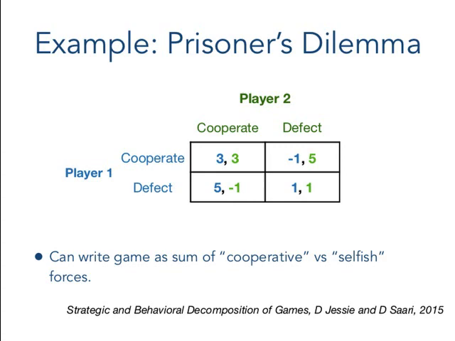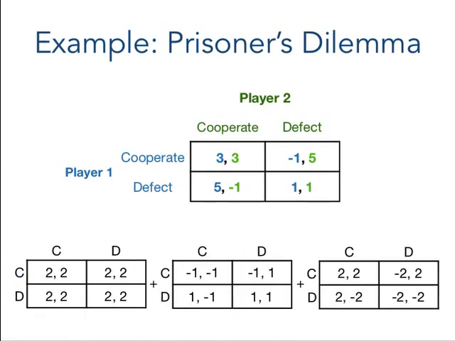If I apply the decomposition to this prisoner's dilemma game, I get these three components. If you want to make sure, pause the video, add these three matrices down here, add them up and see that you get this one. So let's see what's going on.